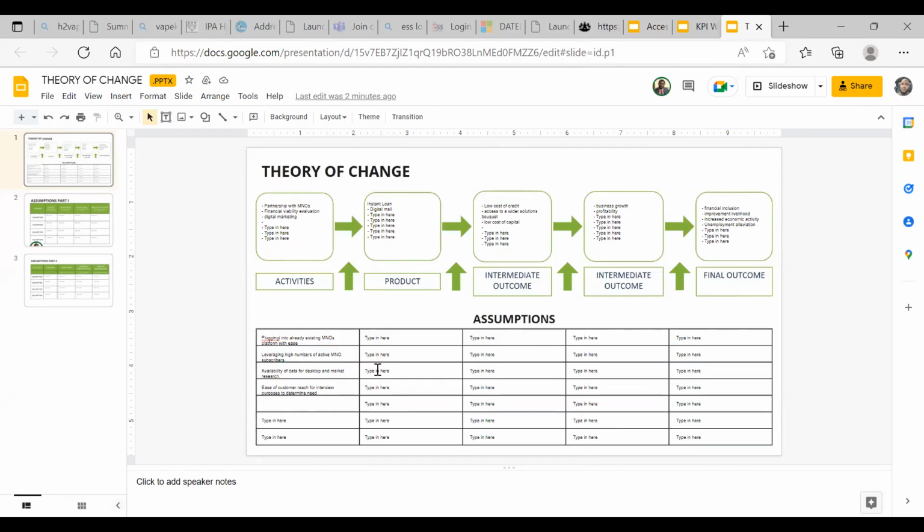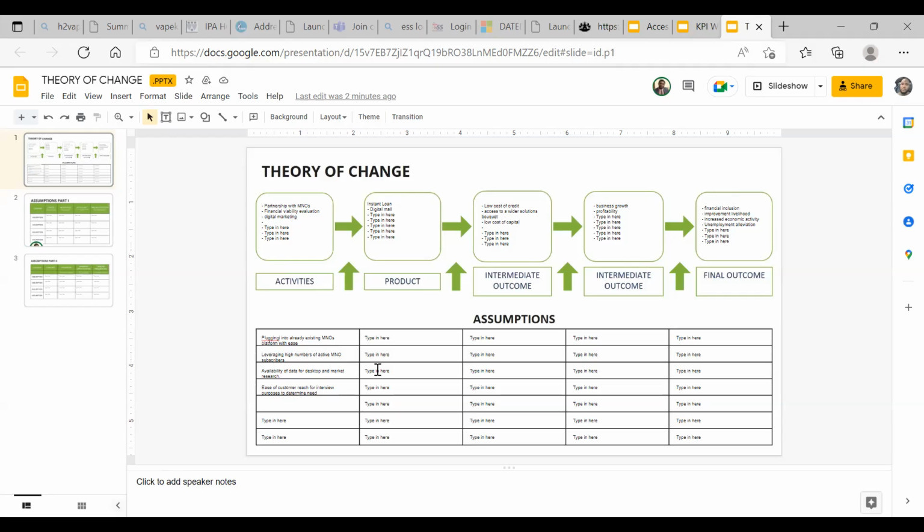From the activities that we have identified, we assume first that it will be easy. There's already an existing MNO customer base, and it will be easy for us to plug into that and leverage their customer numbers.